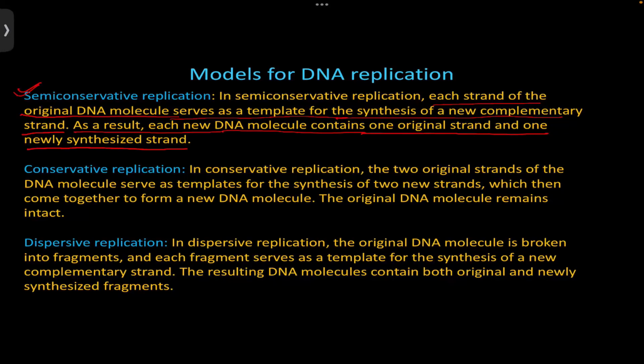And we know in a DNA molecule, there are two strands. Each of these parental DNA strands will act as a template for the synthesis of the new complementary strand. As a result, we will get two DNA molecules, and each DNA molecule will have one copy of parental strand and one copy of newly synthesized strand.